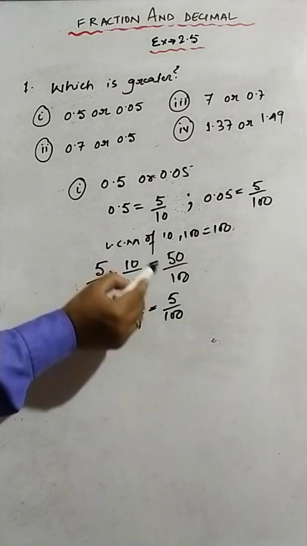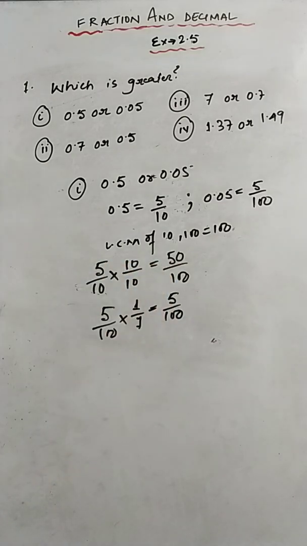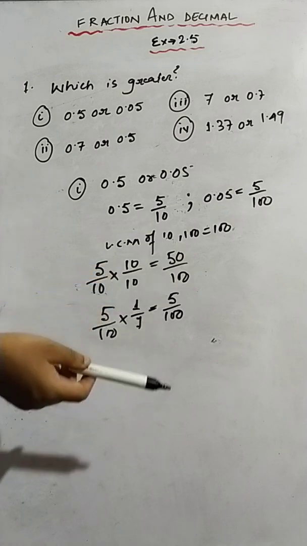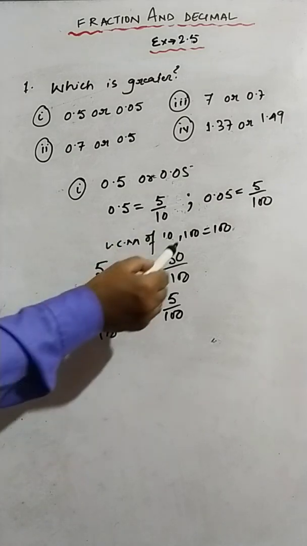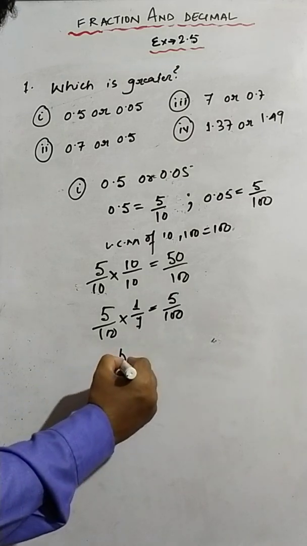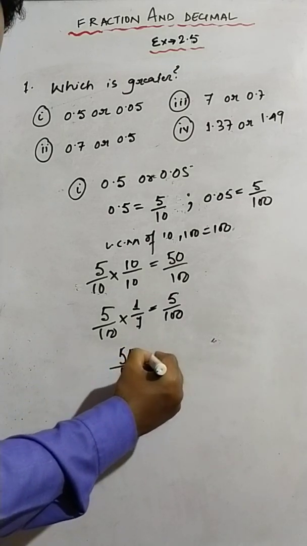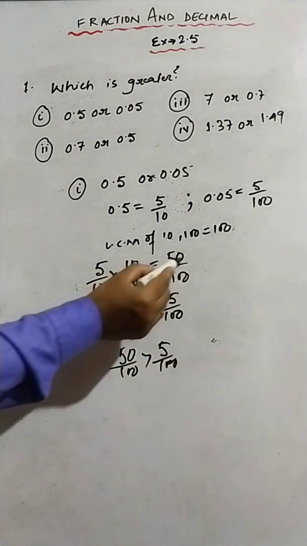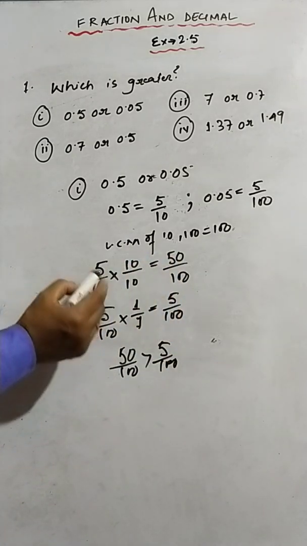Now you see these two fractions are like fractions. Just by looking at the numerator, you can distinguish which fraction is greater. Obviously 50 by 100 is greater than 5 by 100, isn't it? Now 50 by 100 we are getting from which one? 5 by 10.